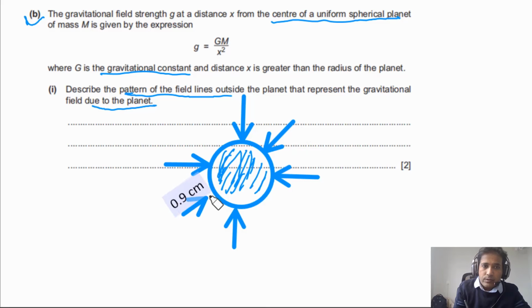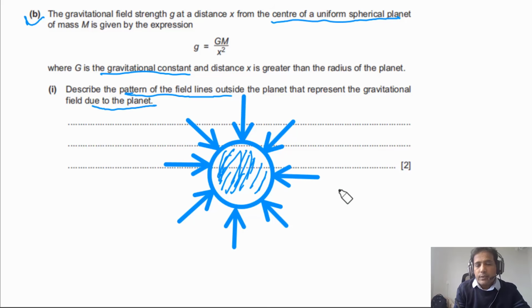Very important: inwards and equally spaced. If you have drawn it like this, you will get 2 marks. One for inwards, arrows pointing to the planet, and the second mark for them being equally spaced.